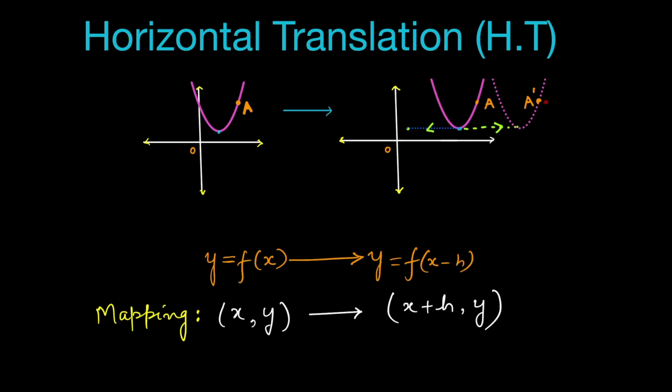We mark it by A prime, and this is the image point. The given point A changes to (x plus h, y). Whatever the h value we get from here, we add it to the x coordinate, and we get the new point on the transformed graph.